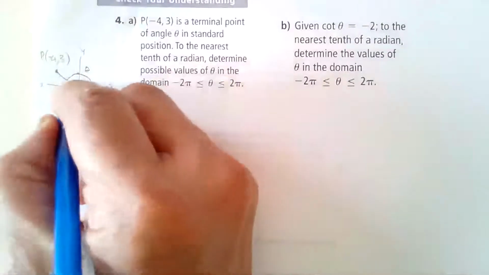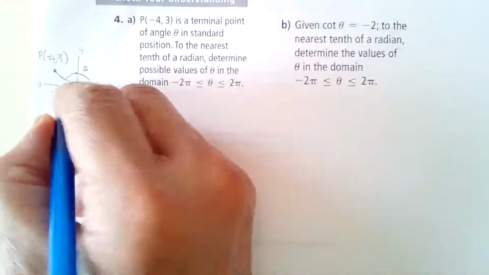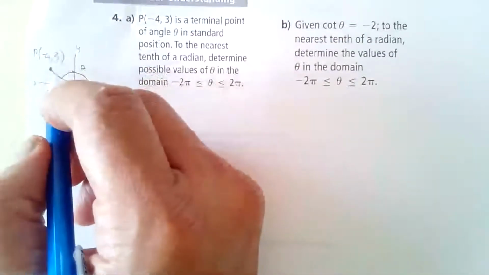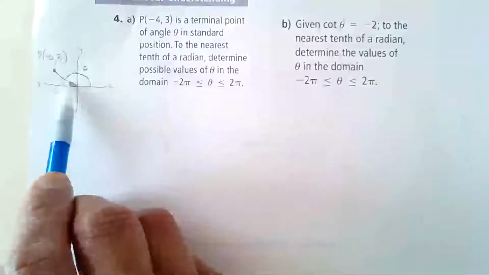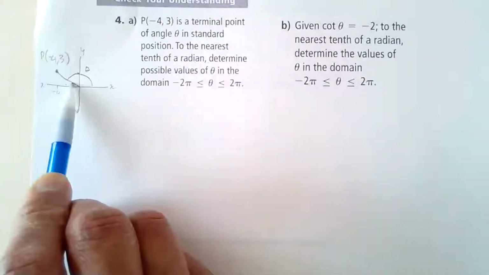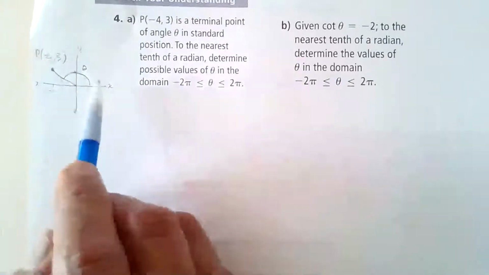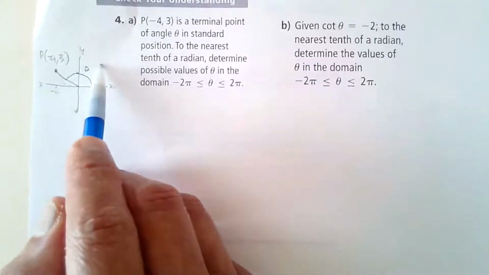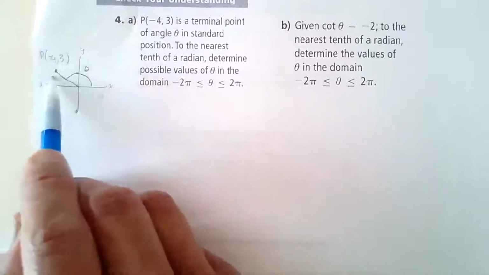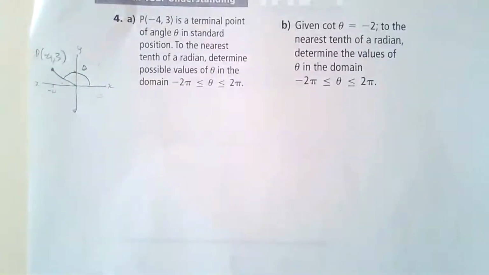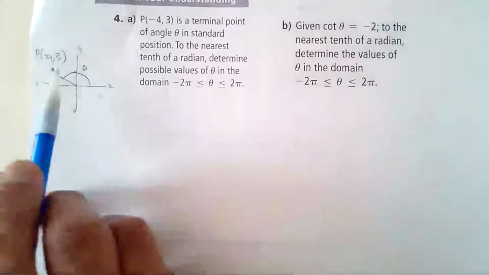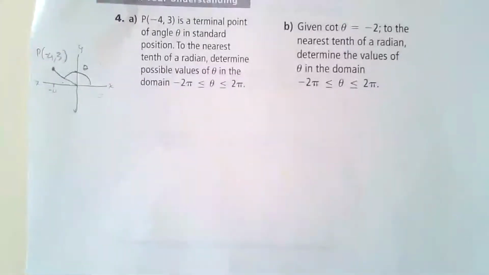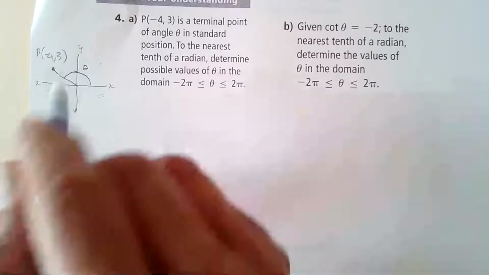First, we're going to find our reference angle. This is in quadrant 2, and in quadrant 2, remember, CAST tells us that cos and tan will be negative in this quadrant. But it really doesn't matter, because we just want to find the reference angle.